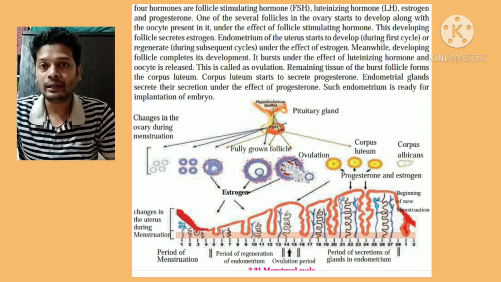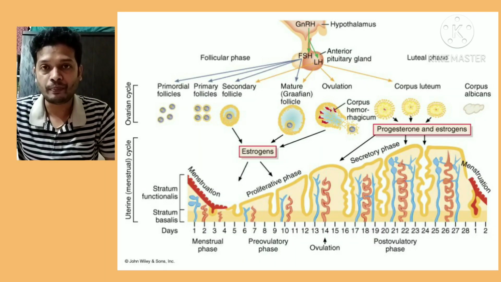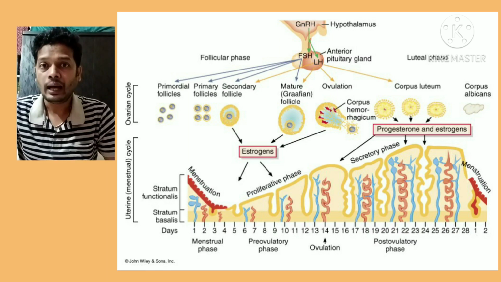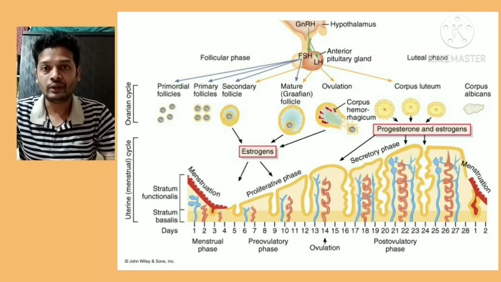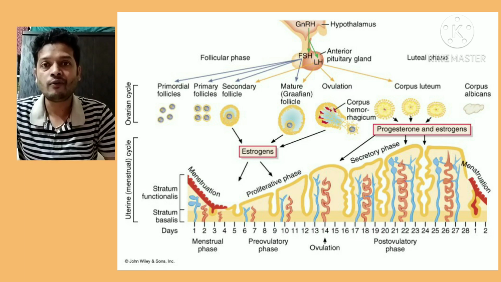Now menstrual cycle is nothing but development of follicle to form Graafian follicle, from which the egg is released every month. The uterus is prepared for possible implantation of embryo if it occurs, and if the fertilization does not occur, then the uterus has to shed off all this lining of the endometrium, or the inner wall of the uterus, which was prepared for the embryo to get implanted if fertilization occurs.